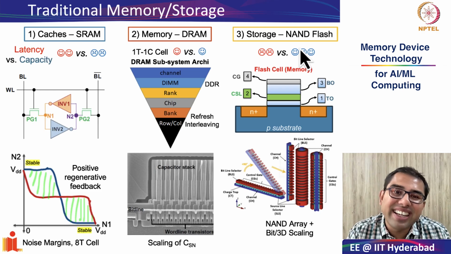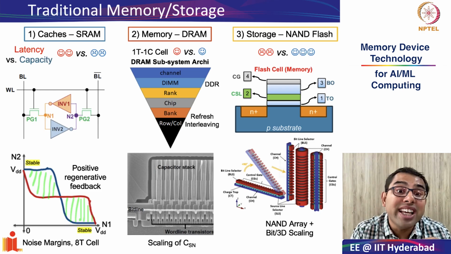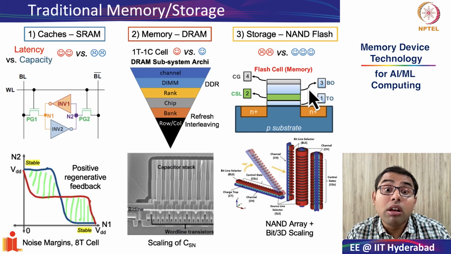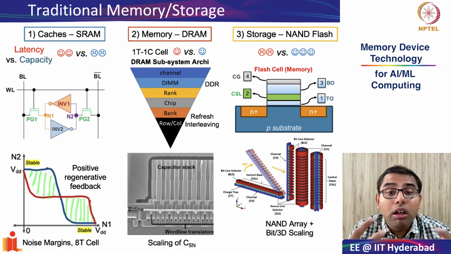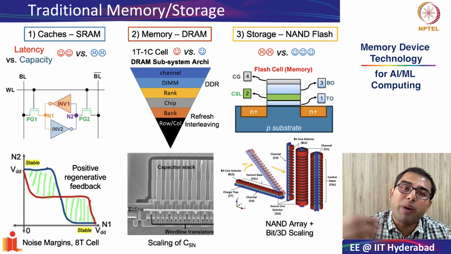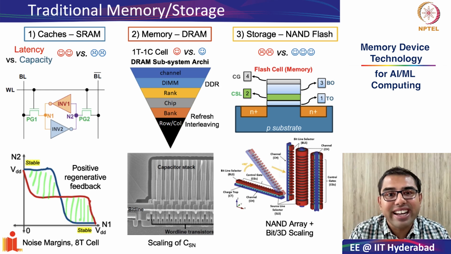And this bit density was facilitated by, first, a 1T structure, a 1T flash cell, which you can see on the slide. Second, by introducing very interesting NAND flash architecture. How you organize this 1T in a serial architecture is what we discussed in detail.